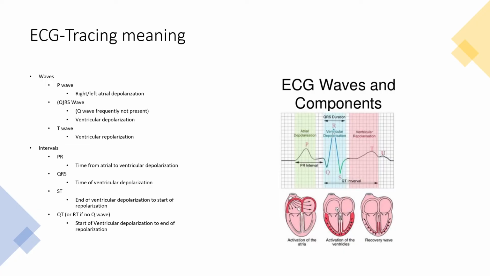Finally, we have the ST interval. This represents the end of ventricular depolarization to the beginning of repolarization. And the QT interval. This is also known as the pharmacist's interval. Remember, repolarization occurs from potassium leaving the cell.